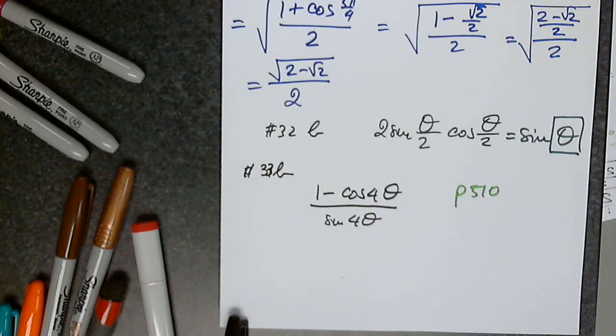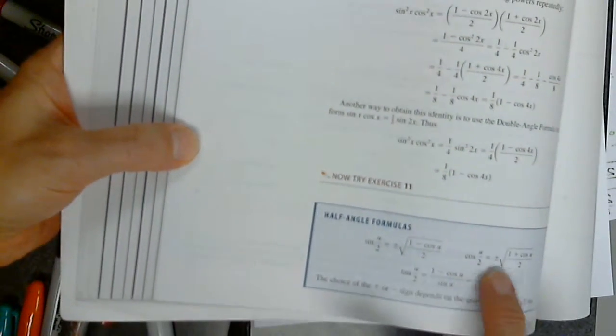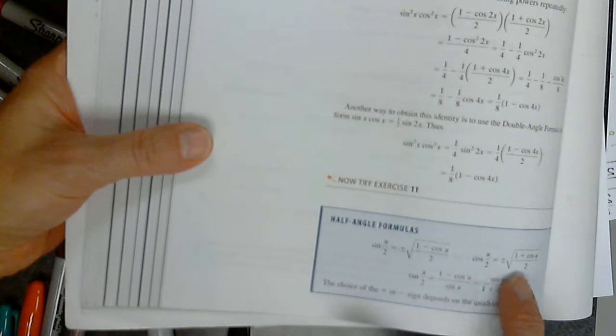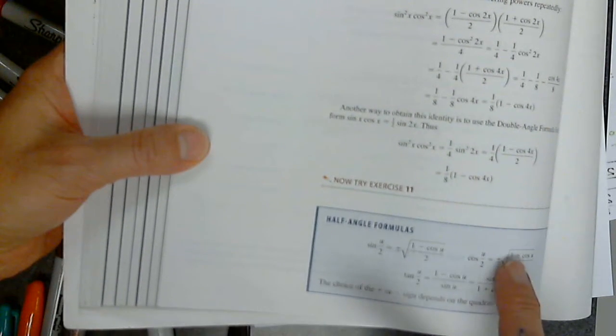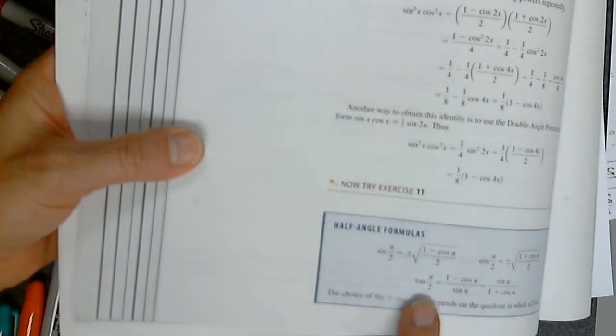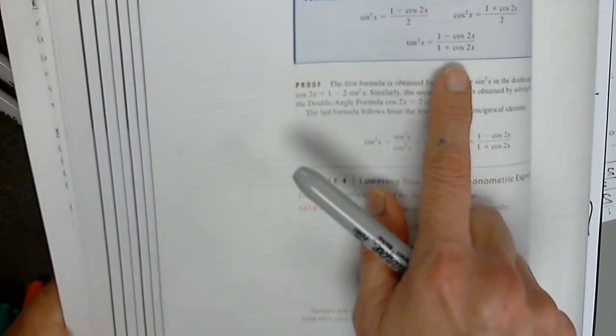Okay, let me show this. So we recognize this. We used it a few minutes ago. We used it several times with cosine squared. Cosine squared u over 2 is 1 plus cosine u over 2. And this is a different way of writing this. Okay?